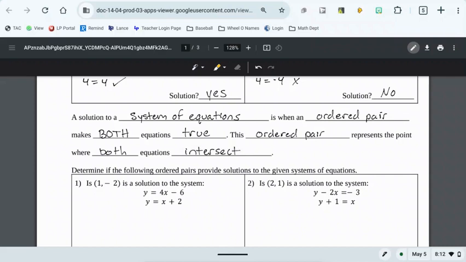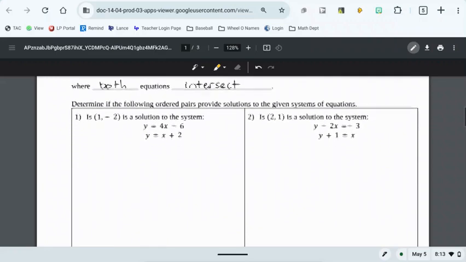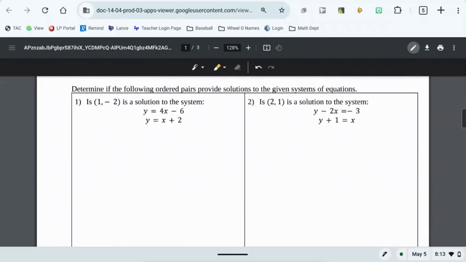When we eventually graph these systems of equations, we're going to be looking for when the lines cross. That is what the solution is, because both equations will be the same at that coordinate. So a solution represents where the lines cross in the system of equations. Let's take a look.